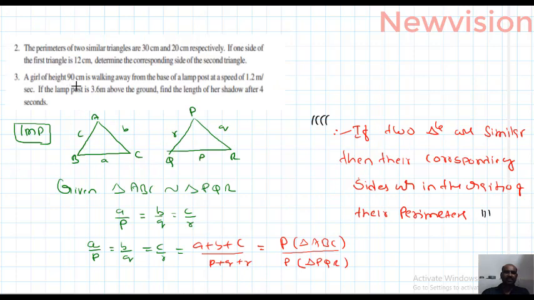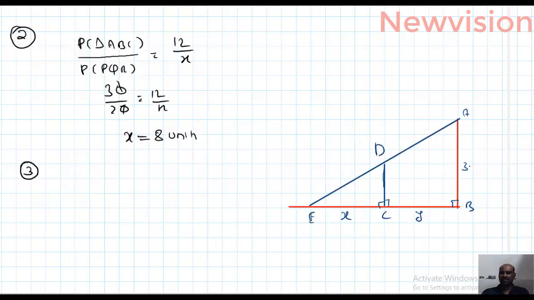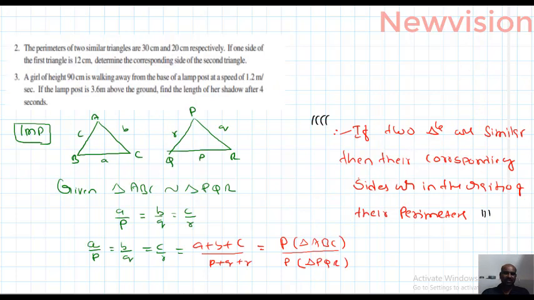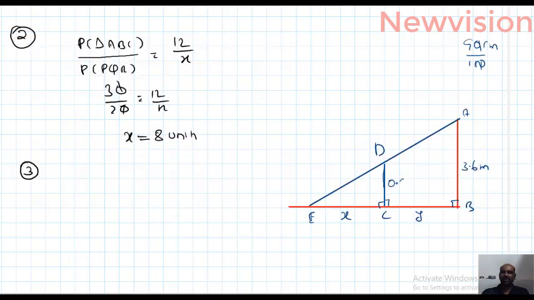Now I want to see what is given. Girl's height is given as 90, speed is given, lamp post is 3.6 meters. This is 3.6 meters. Girl's height is given as 90 centimeters. We don't want centimeters, I want meters. I want to divide by 100: 0.9. I want to cross check, 60 or 90 only. 0.9 meters.